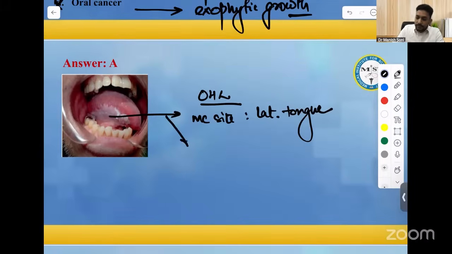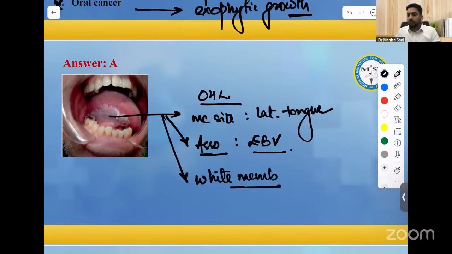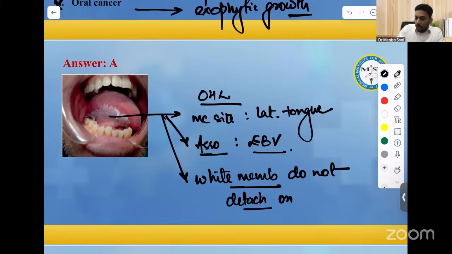Second, what causes oral hairy leukoplakia? Epstein-Barr virus. It is due to Epstein-Barr virus. What is seen? A white membrane is seen. But how to differentiate this white membrane from candidiasis? It does not detach on rubbing.